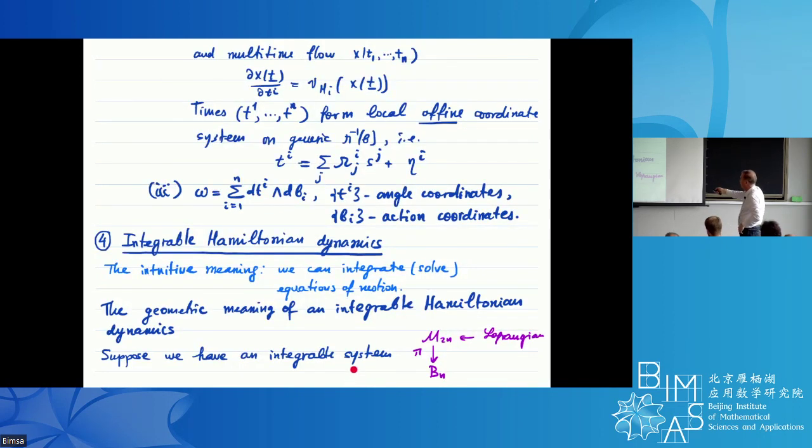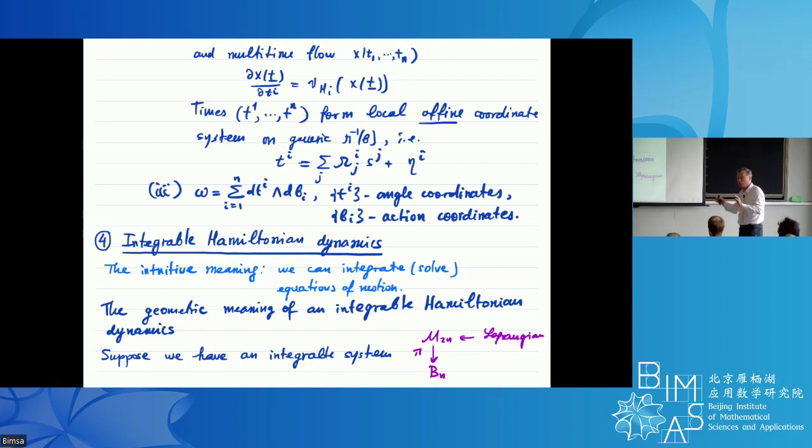Then the question is, what is integrable Hamiltonian dynamics? The intuitive meaning is clear. A dynamics is integrable if you can solve the differential equations. If you are very good in analysis, you can use analytical tools and solve these equations. Usually it's very difficult.